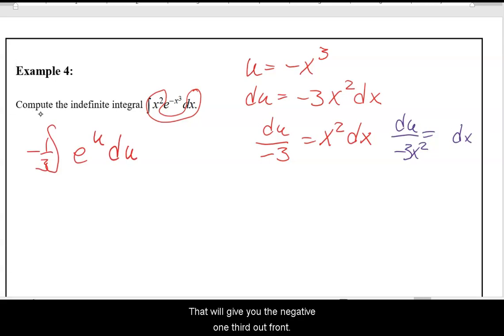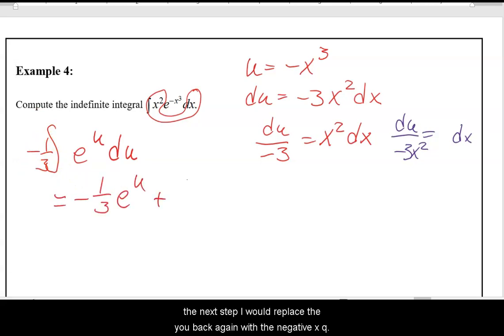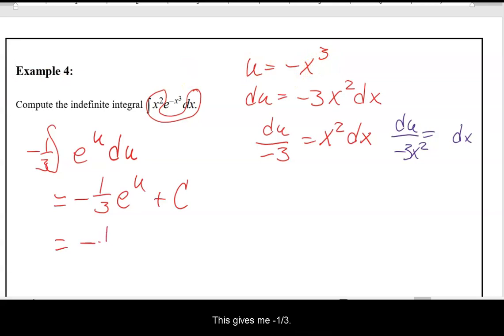That will give you the negative 1/3 out front. The integral of e to the u is, of course, e to the u. And the next step, I would replace the u back again with the negative x cubed. This gives me negative 1/3 e to the negative x cubed plus a constant.